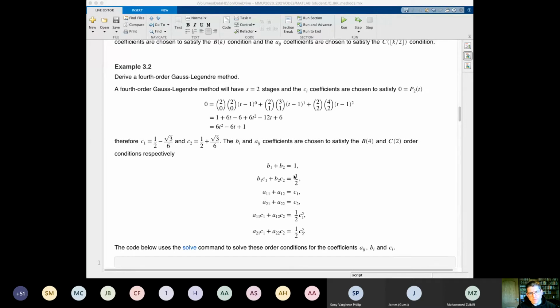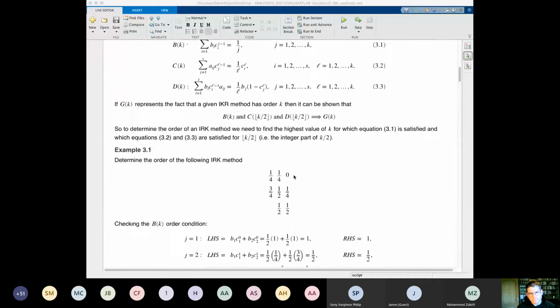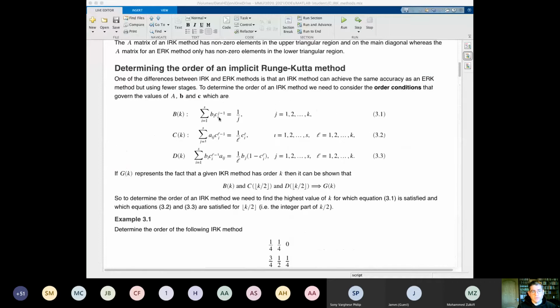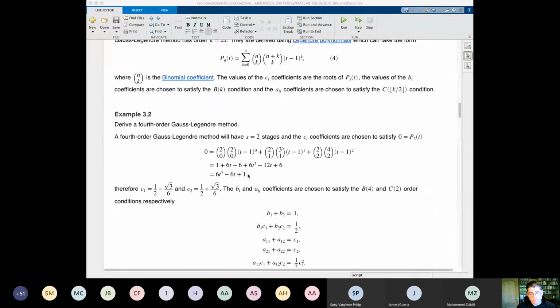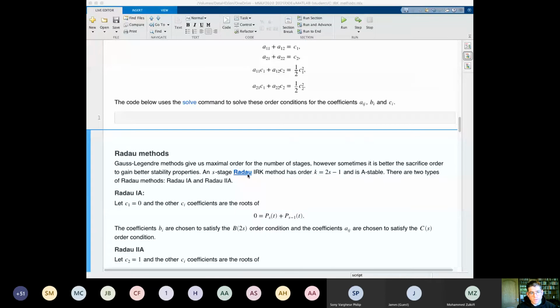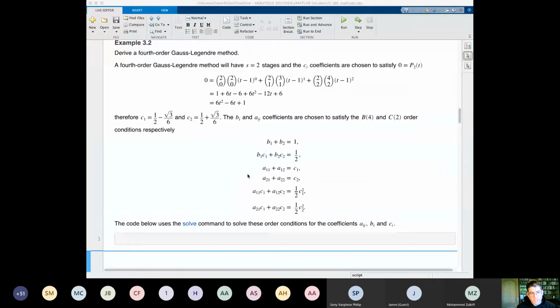Is it j or is it i? I'm just going to remind myself. Okay. Yeah, j. So I use this B(k) order condition up to 2 because I've only got 2 B values. Okay. You could go further, but it'll be just an over-determined system.